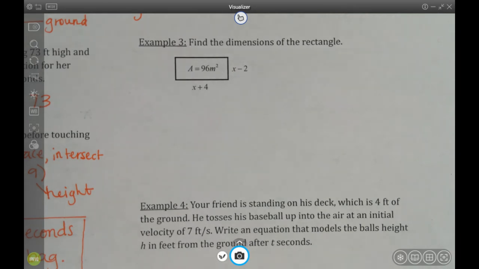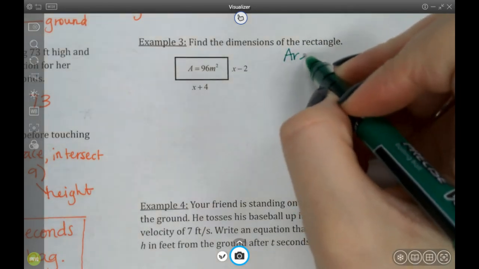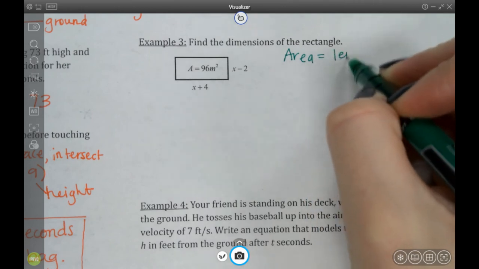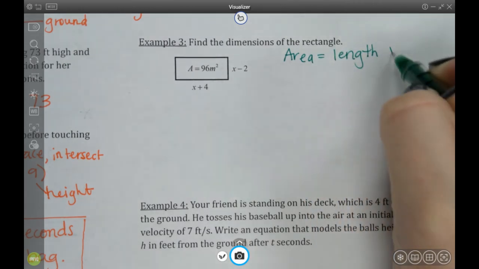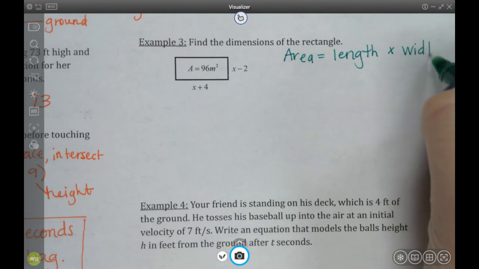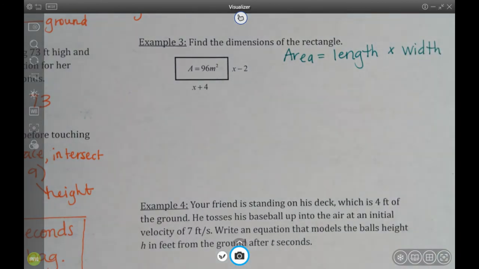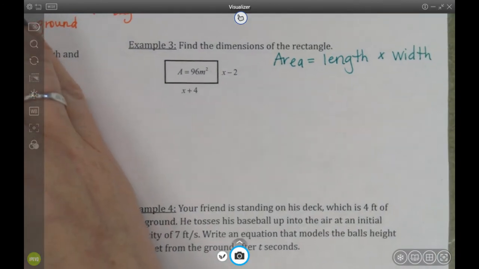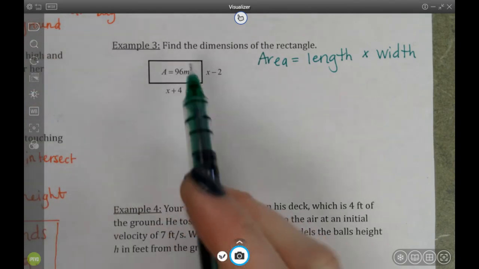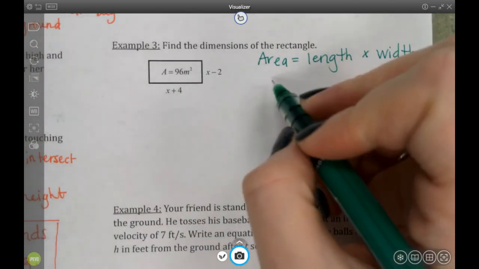And how do you find the area of a rectangle? Yep. So area is length times width. And in this case, our area is 96.